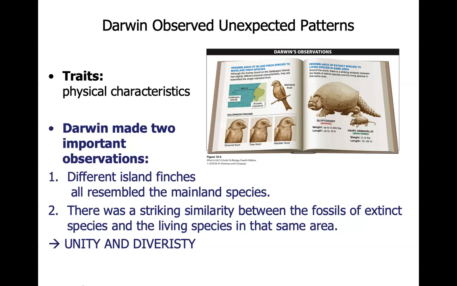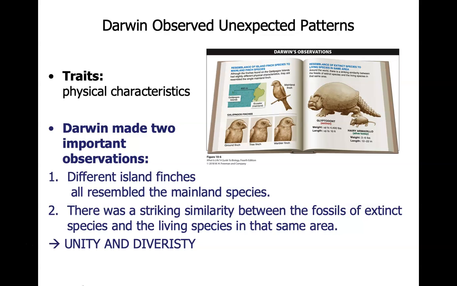So Darwin made a couple of really important observations. The first is that different island finches or different island organisms resembled the mainland species. So he noted that individuals who were more closely related shared similar but slightly different physical characteristics.